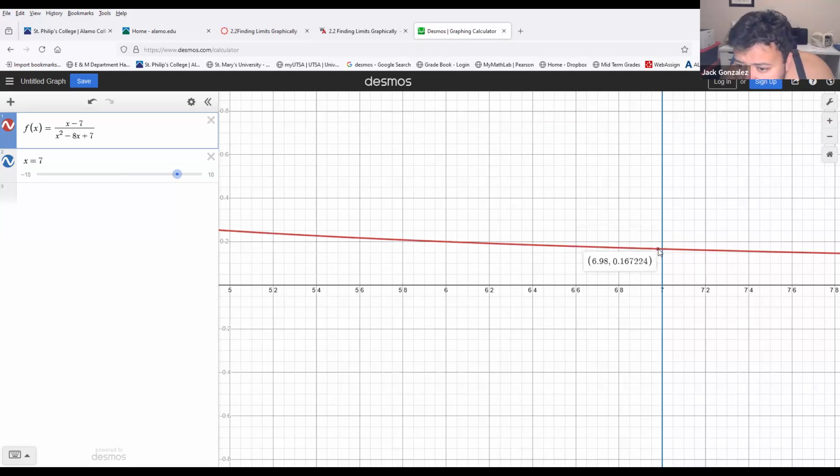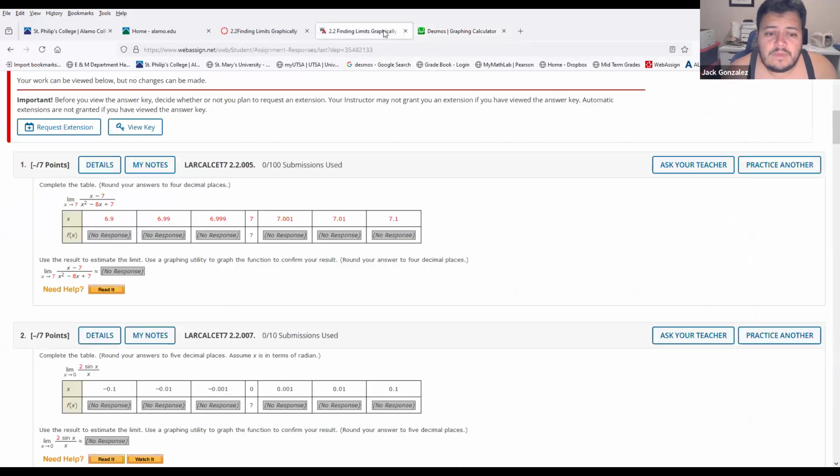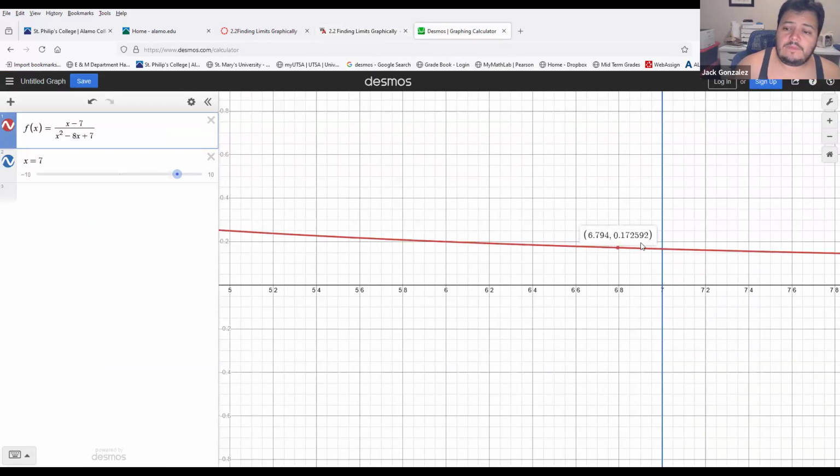So, all right, what's going on? Plug in numbers. You just punch it in your calculator and it gives you the output, the y value. Do it on the right-hand side, 7.01, 7.001, and then you'll see the numbers approaching something, assuming the limit exists. Here you can see the limit is real.